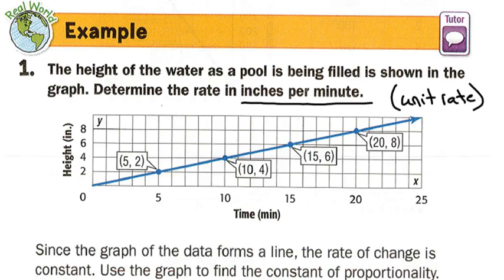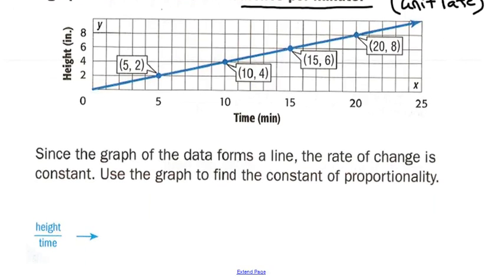All we've got to do is find the change in x and the change in y. So, as it says down here, since the graph of the data forms a line, the rate of change is constant. Use the graph to find the constant of proportionality, or what ultimately will be the slope.